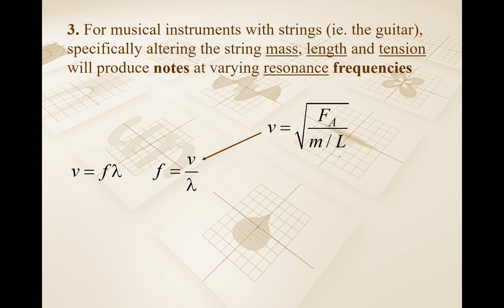A few things. You could take your string and tighten it. You can make it more tight or less tight. And the other thing is you'd look at the mass density. I've done a little bit of music. When I was growing up, I did piano lessons with the Royal Conservatory of Music up until about grade 7, and that was pretty much as much as I could tolerate at that point.